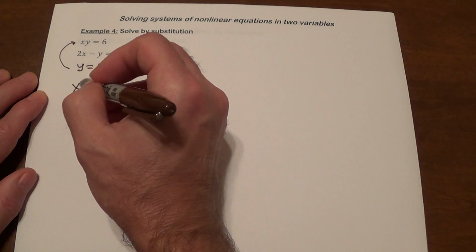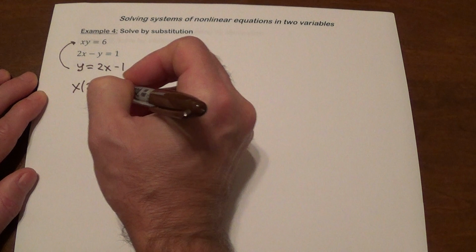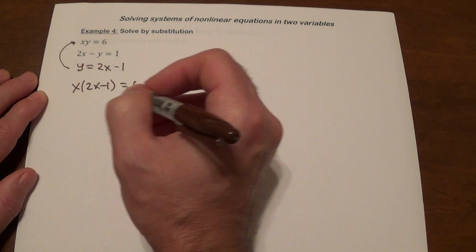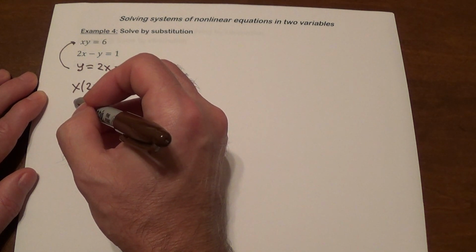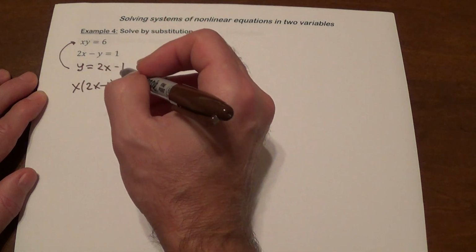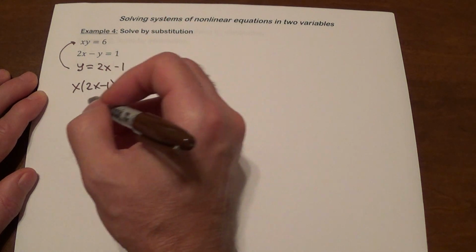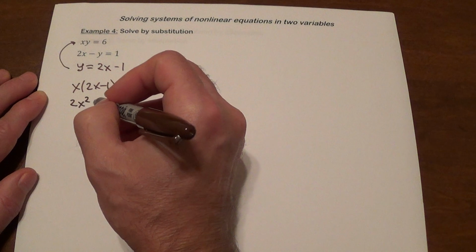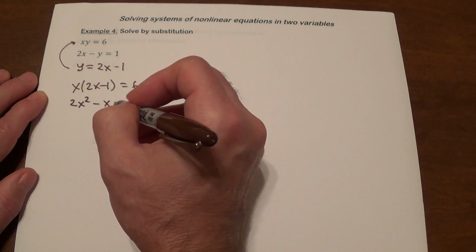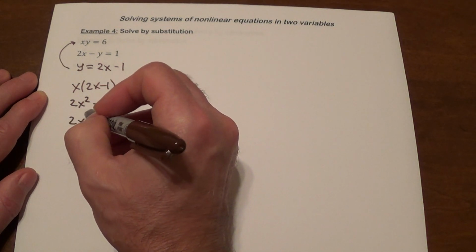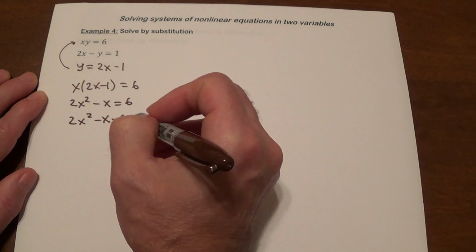So it's going to be x(2x − 1) = 6, which gives us 2x² − x = 6, which gives us 2x² − x − 6 = 0.